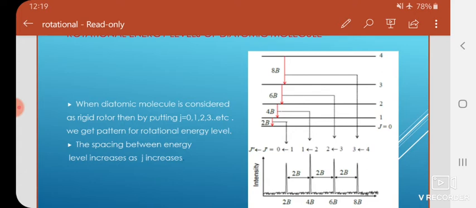For J is equal to 1, E1 is equal to B into 1 into 1 plus 1, that is 2B.